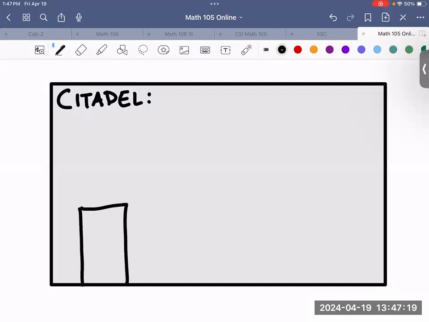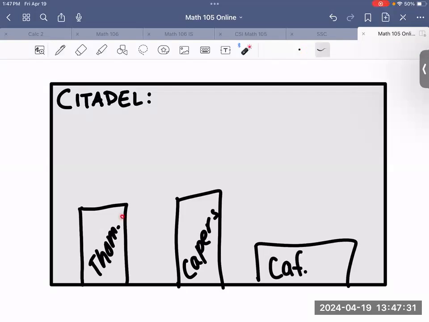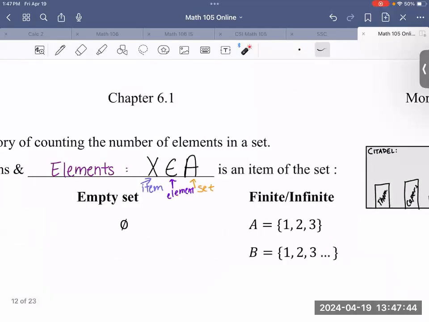Perhaps we have Thompson Hall. Maybe we have Capers. Maybe we have the cafeteria, right? All of these buildings could be the elements or the items that are found within the Citadel. So it doesn't have to be people. It has to be something marginally countable that we're talking about.